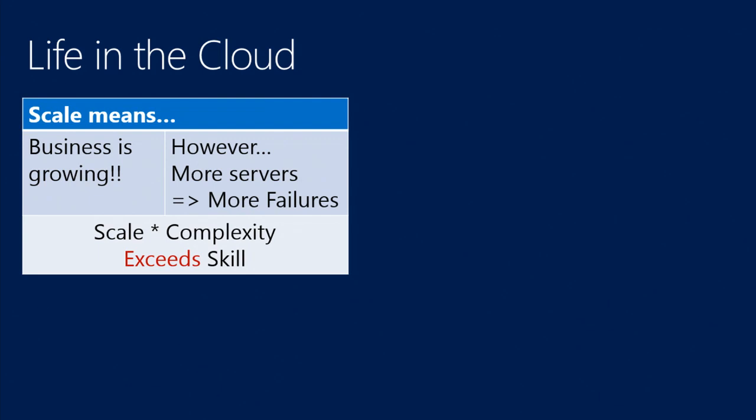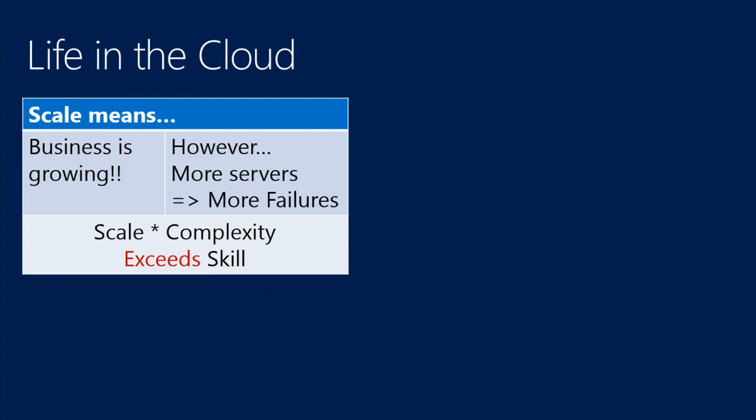That means you will have more failures. Additionally, your applications are becoming complicated. They are more complex. So given this multiplication of scale and complexity, that exceeds current IT pros' skills. And the rate at which these things are growing, the skill set cannot grow with the same pace.